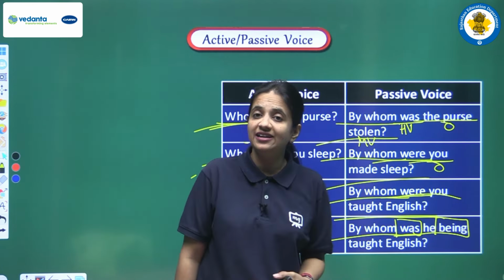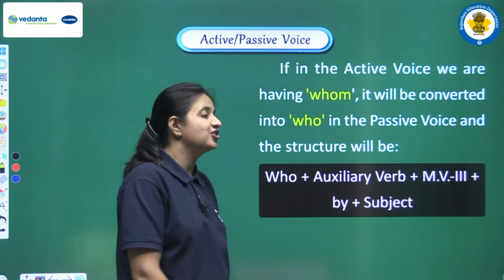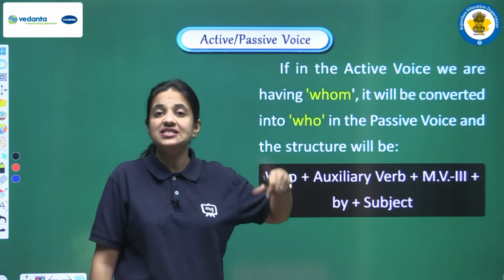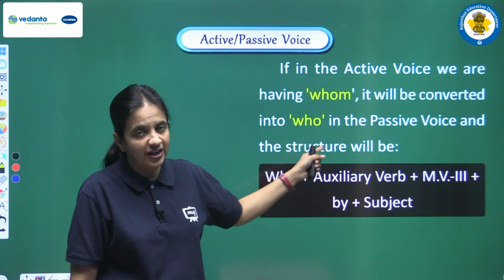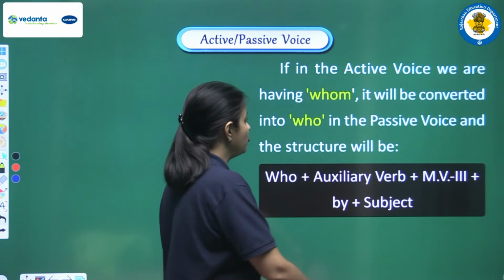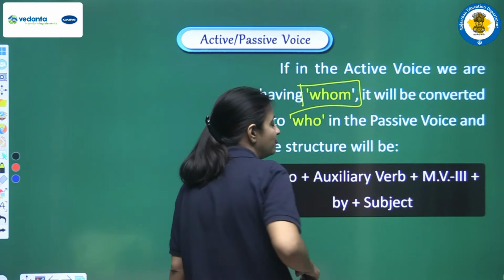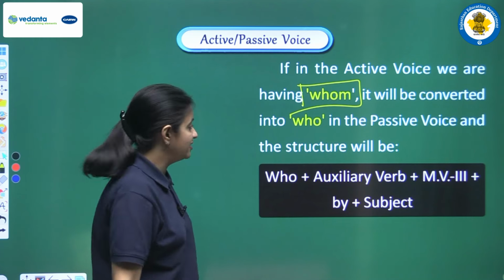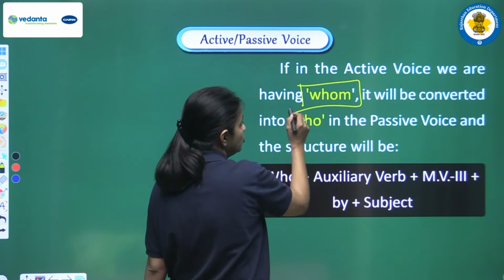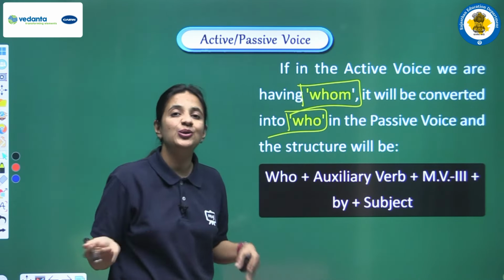If we are having "who" in the active voice, then in the passive voice that "who" will be converted into "by whom". Next, if in the active voice we are having "whom", it will be converted into "who" in the passive voice. Now we are having the second part of this point, and according to that, if in the active voice we are having "whom", then when we are making a passive voice sentence, this "whom" will be converted into "who".